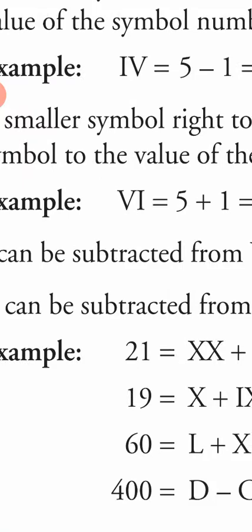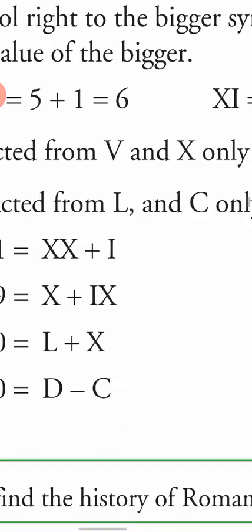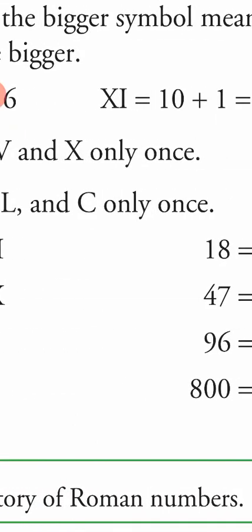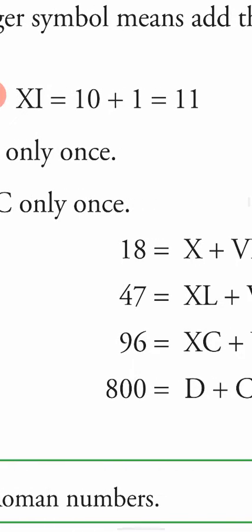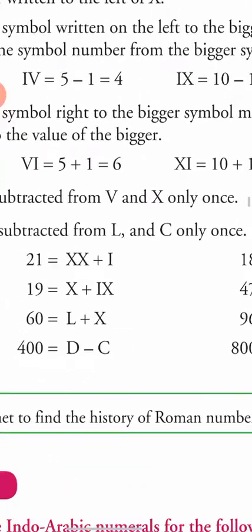Here we have an example of VI, means 5 plus 1, so its value will be 6. Another example, XI means 10 plus 1, 11. Just remember that we are adding because the smaller symbol is written to the right of the bigger symbol.